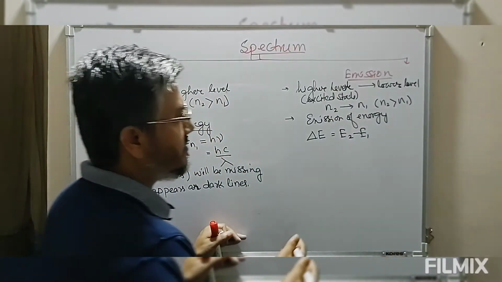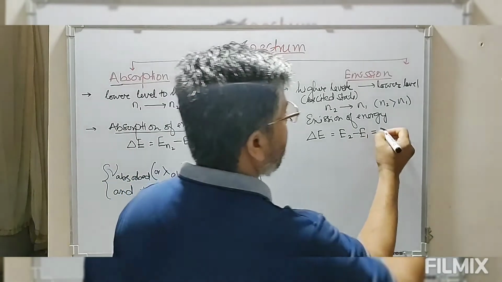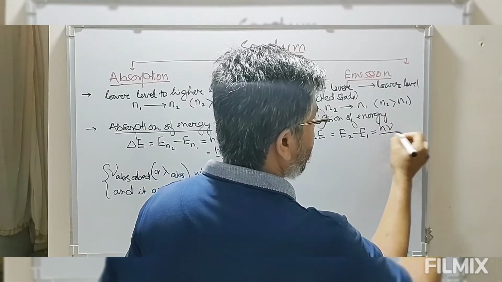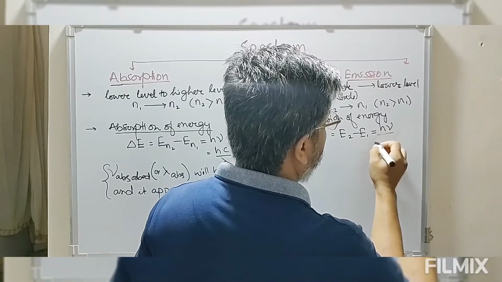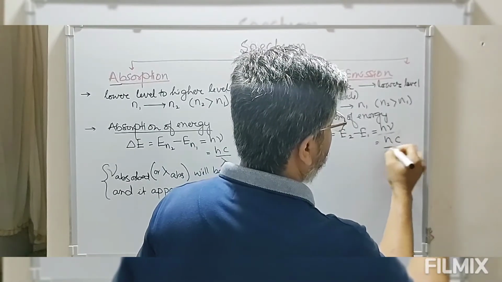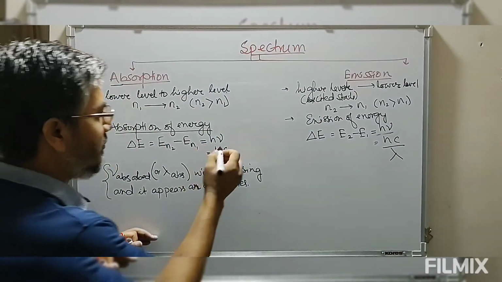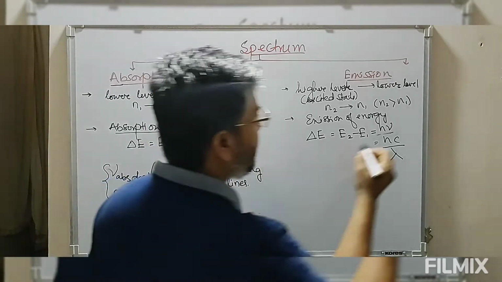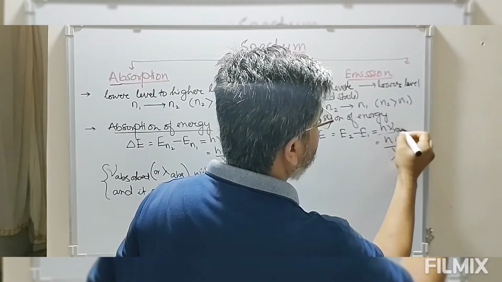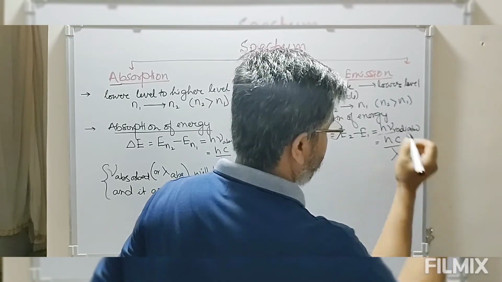This difference is in the form of electromagnetic radiation having frequency nu or wavelength lambda. So this is the frequency absorbed, this is the wavelength absorbed, this is the frequency radiated or emitted.